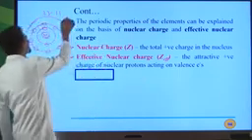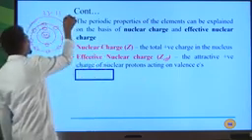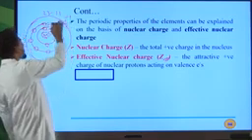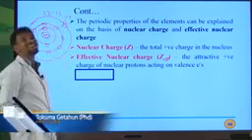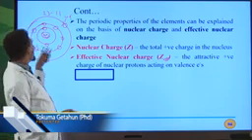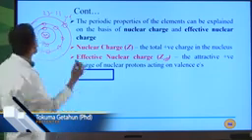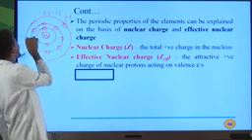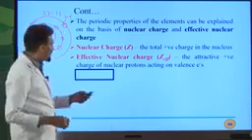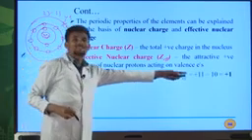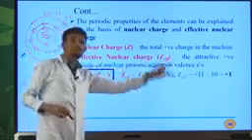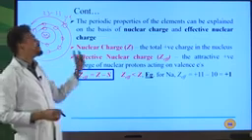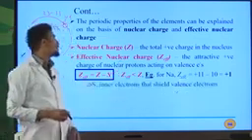So this is the valence electron, and all the other electrons are inner electrons. Totally how many inner electrons do we have? 1, 2, 3, 4, 5, 6, 7, 8, 9, 10. Therefore, 11 minus 10 is equal to positive 1. Plus 1 is the effective nuclear charge for the sodium atom.